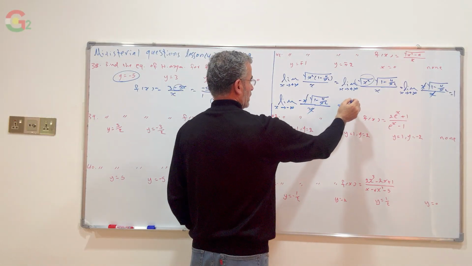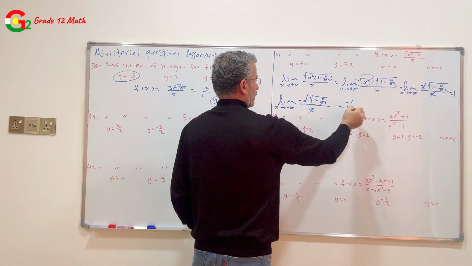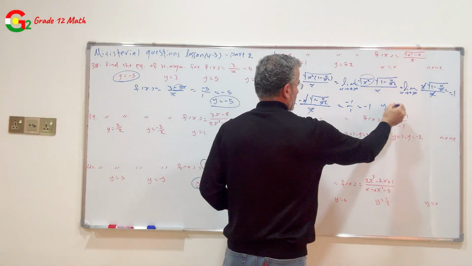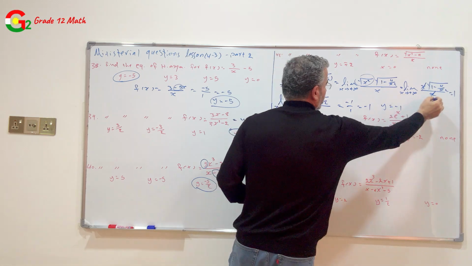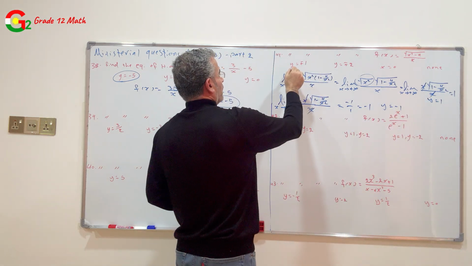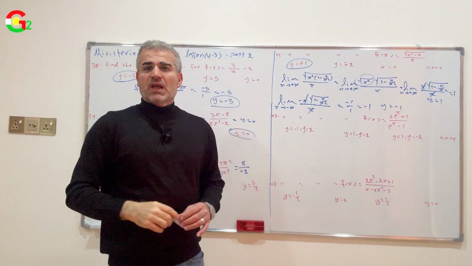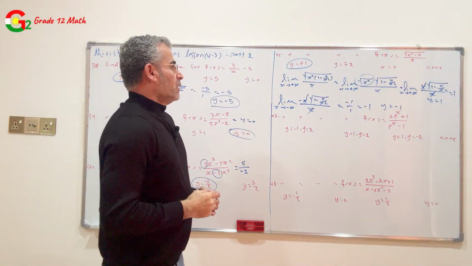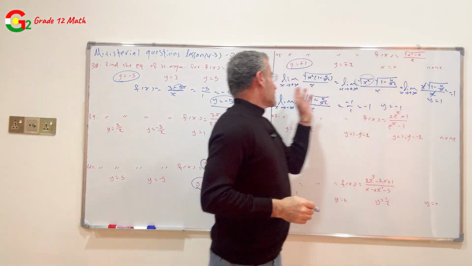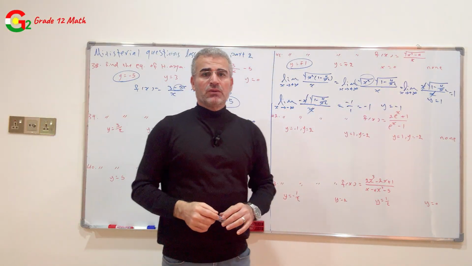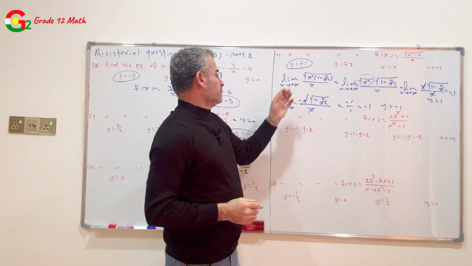Square root of 1 is 1. Therefore, -1 is the horizontal asymptote in this case. Therefore, y equals 1 and y equals -1. The function has two horizontal asymptotes: 1 when x approaches positive infinity, and -1 when x approaches negative infinity.